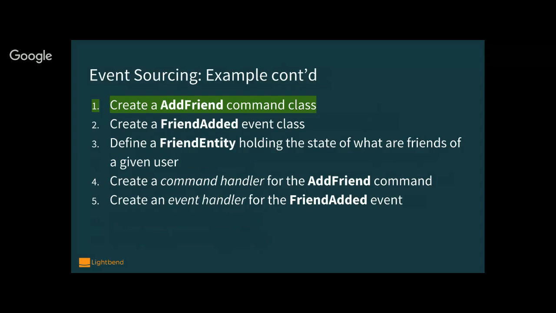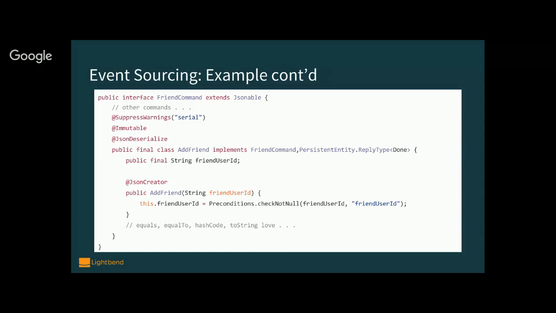So the first thing is to create the add friend command class. You're going to have an interface, and it's going to be immutable. One of the things that we didn't talk about is immutable messaging. The idea behind it is you don't want anybody mutating your message. If you think of the post office, when you deliver mail to the post office, it's in theory immutable.